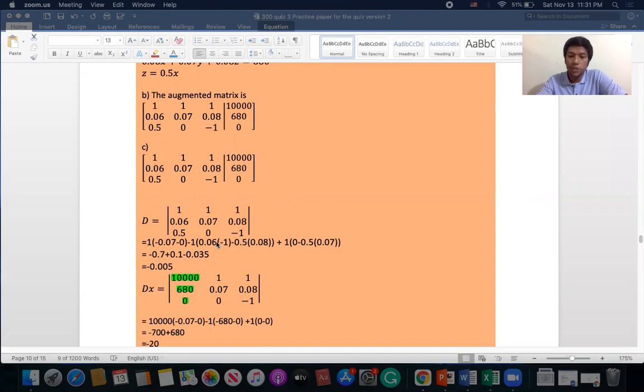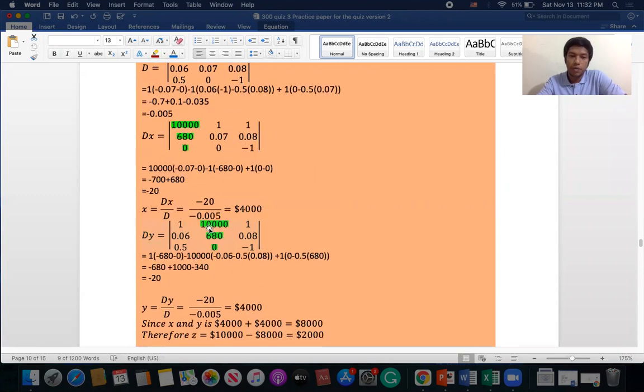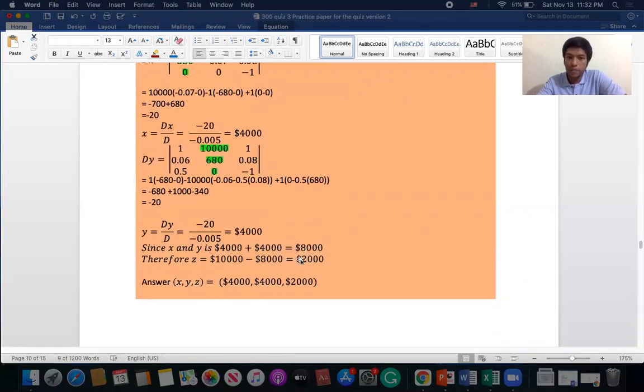Now for solving this one, just like our first math, we just have to find the determinant of the coefficient matrix first, then Dx, then Dy. For finding Dx, we just replace the x column by the constant terms. For finding Dy, we replace the y column with the constant terms, and the z part is not shown here because we can find it by analysis. For the X part we get 4,000, for the Y part we get 4,000, so that is 8,000.